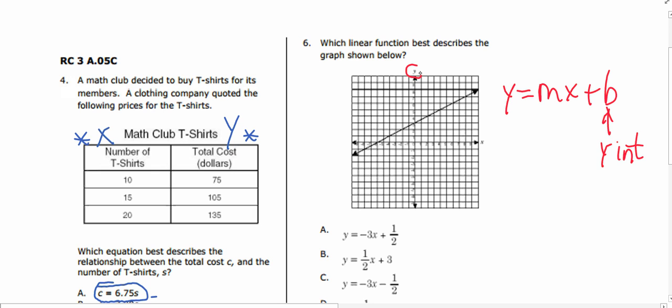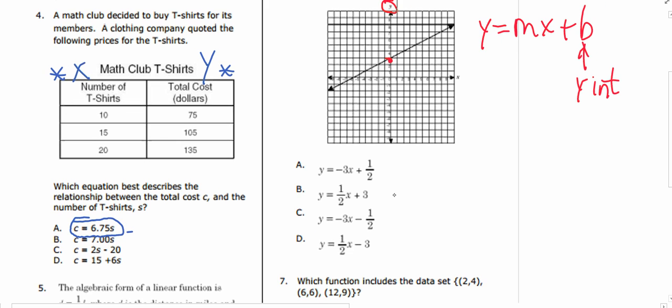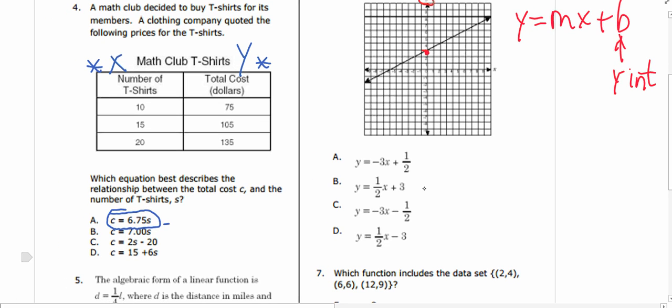So this is our y-axis, and it looks like it crosses right here at y equals 3. In our answer choices, answer choice B has a plus 3 in there, and answer choice D has a 3, but it's a subtract 3, so it's probably not that one.